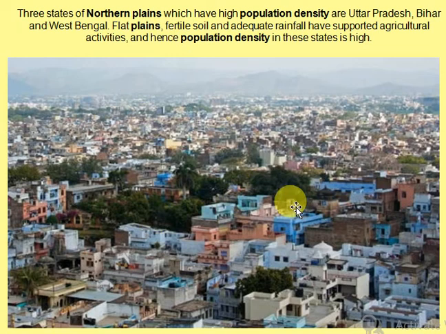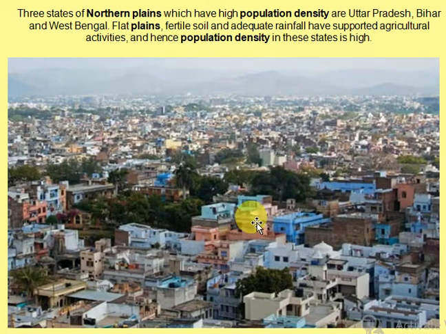Now here, look carefully at this image. If you take the example of our country, the 3 states of the northern plains which have high population density are Uttar Pradesh, Bihar and West Bengal. So flat plains, fertile soil and adequate rainfall have supported agricultural activities, and hence population density in these states is high.